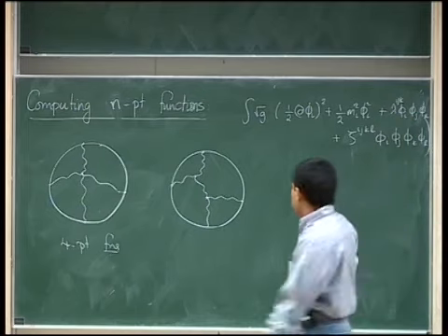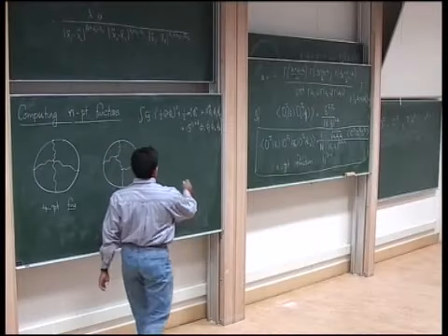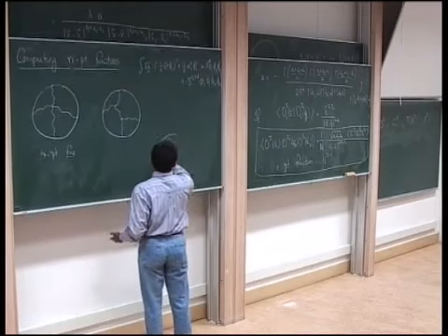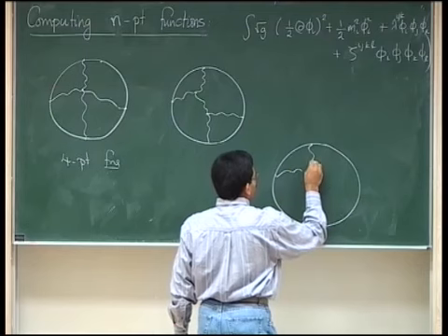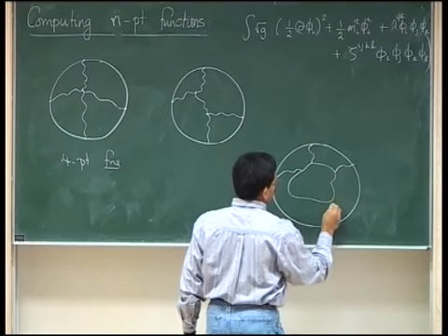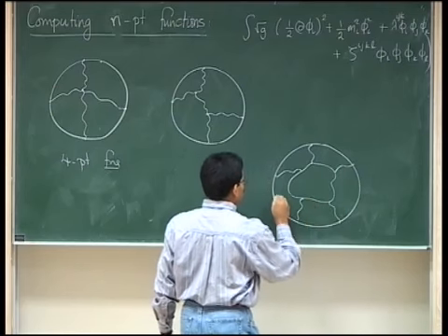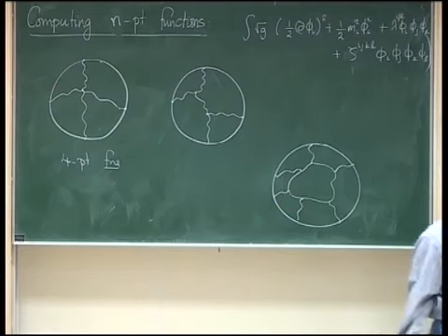But then it's clear what you want to do. If you want to compute loops, you could go ahead and compute loops here. If you want some arbitrary n-point function, you certainly can compute diagrams like this in supergravity.